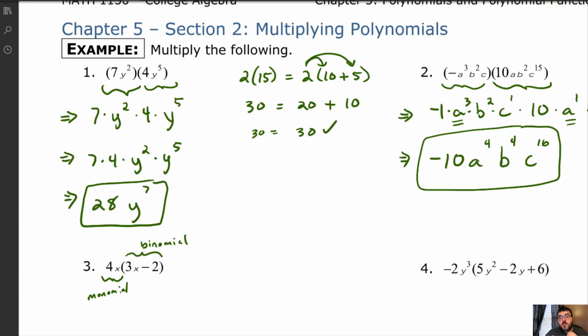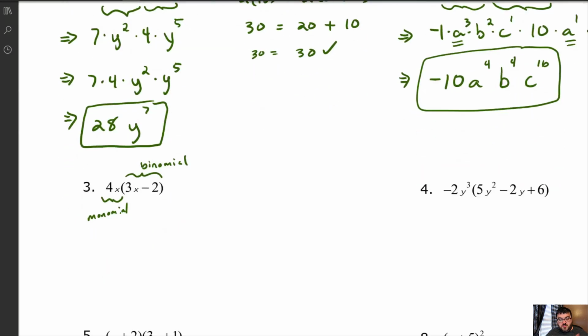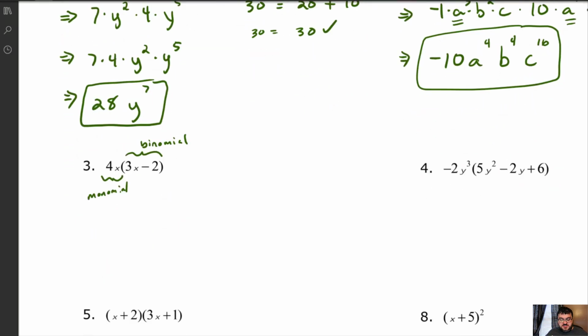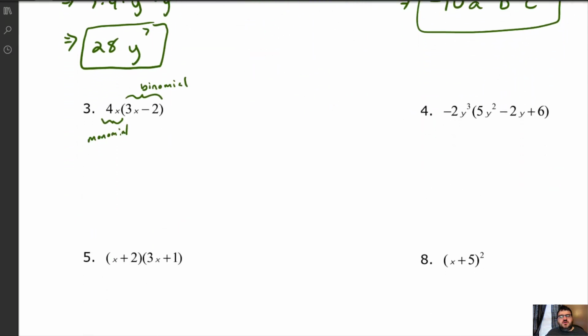Well, we're applying that here in the case of variables. We're abstracting it, because that's what we often do in algebra: we take things like numbers that we know and turn them into variables. So what's going to happen when you distribute this is that the 4x is going to be distributed to the 3x and distributed to the 2.